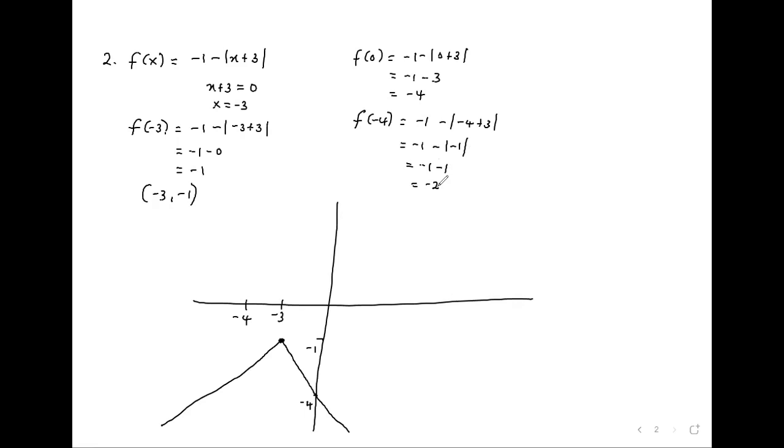Then the last one, question 3: f of x is equal to the modulus of x plus 4 plus the modulus of x plus 6. This is where you are supposed to spend some time. It's x plus 4 if x plus 4 is greater than or equal to 0.